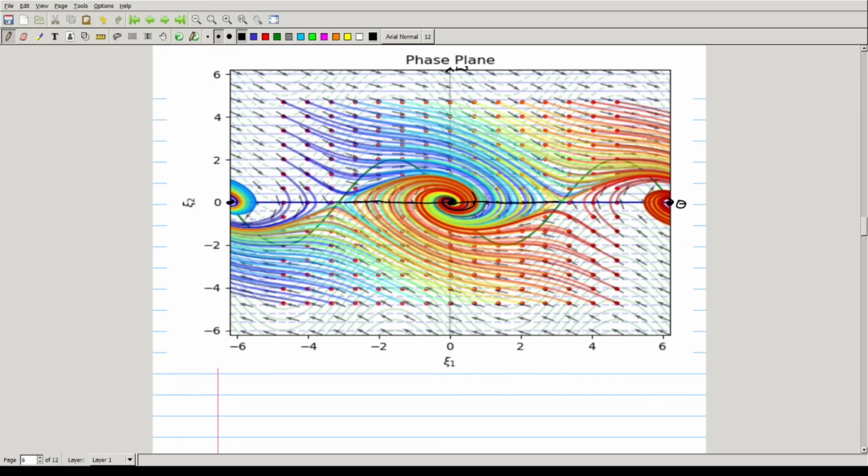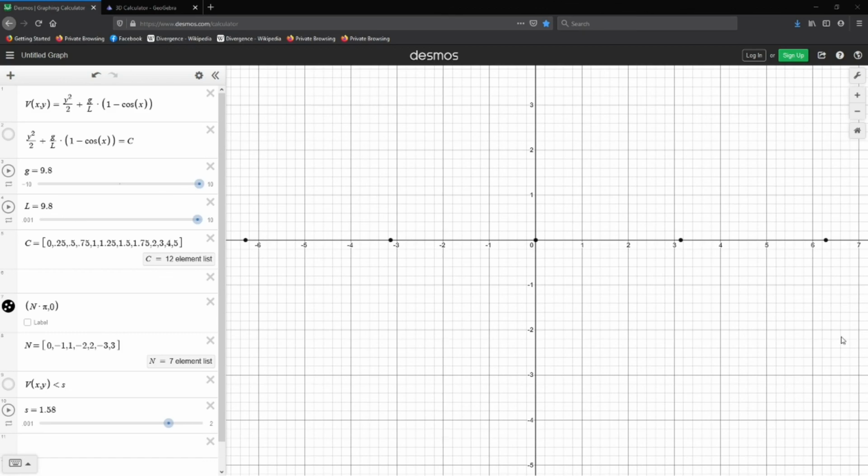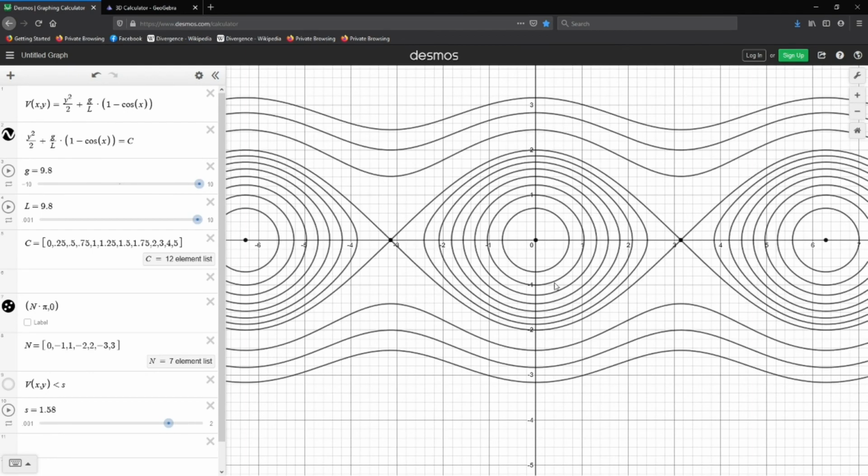Furthermore, if we take a look at how the Liapunov function is behaving with respect to these critical points, the Liapunov function that we had was y squared over 2 plus g over L times 1 minus cosine of x. These are the level curves of this function. The gradient is going to be perpendicular to the level curves and pointing in the direction of increase of the function.